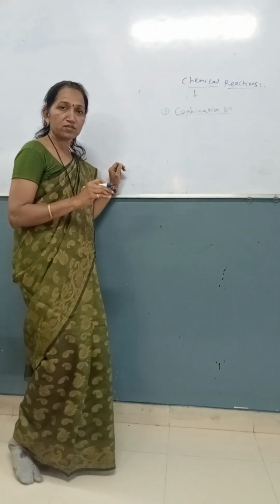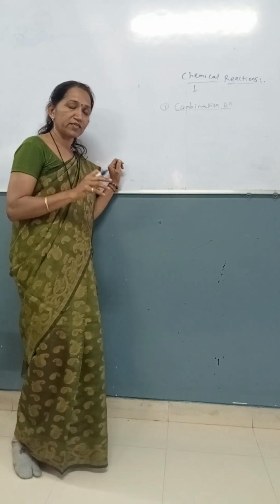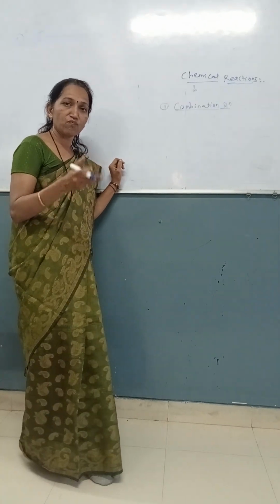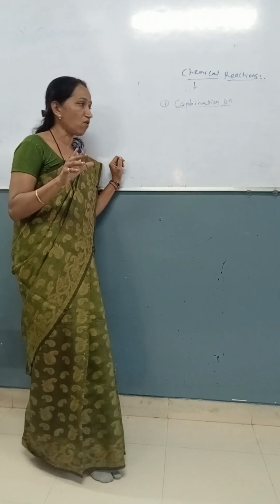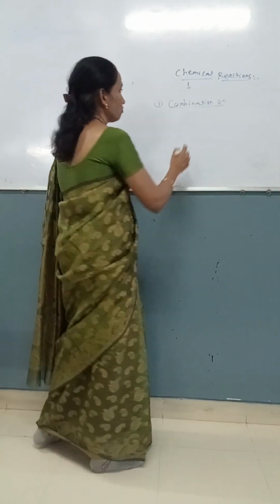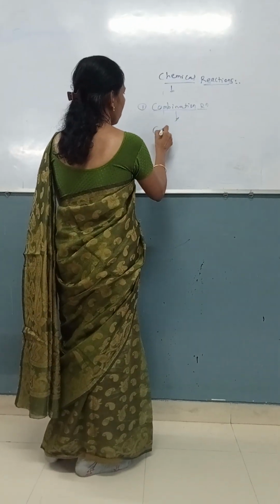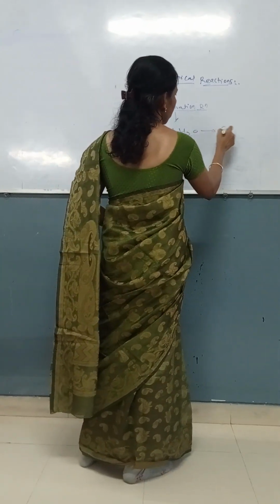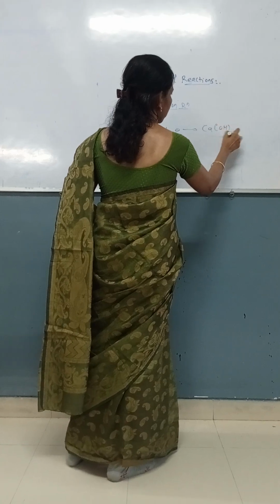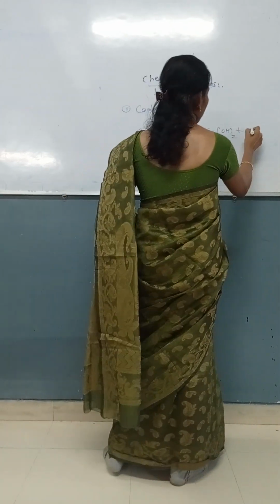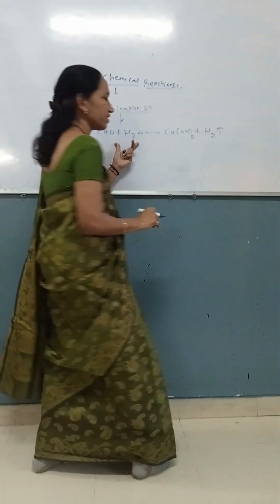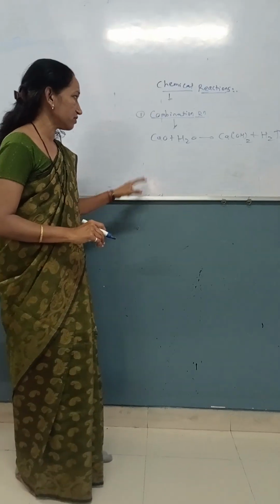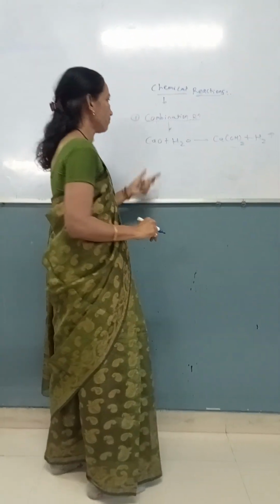Reactants are the starting material, and products are the new material that is formed in a particular chemical reaction. So in the combination reaction, CaO reacts with H2O and there is a formation of Ca(OH)2. This is the exothermic reaction. Heat is released in this reaction.